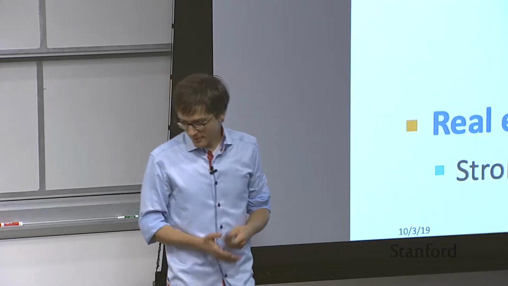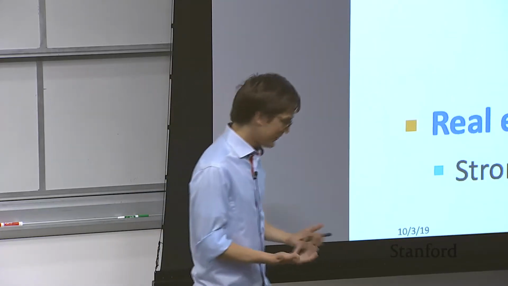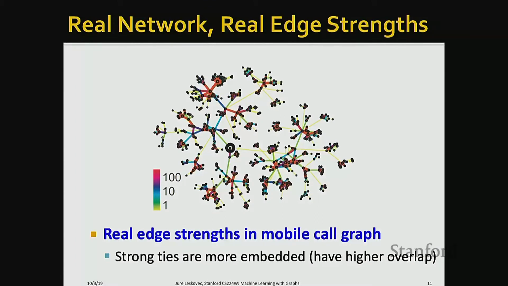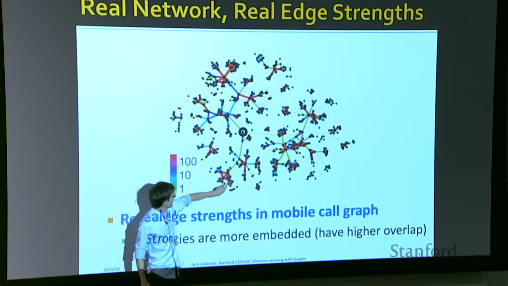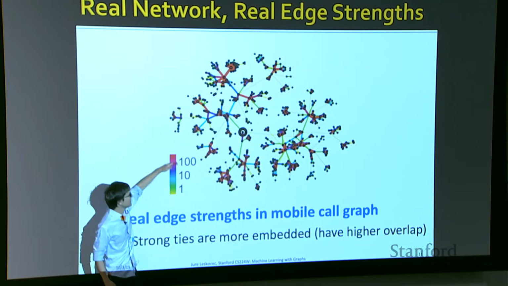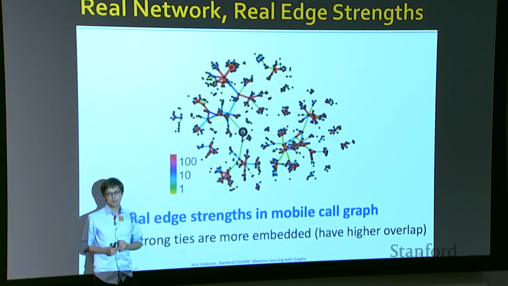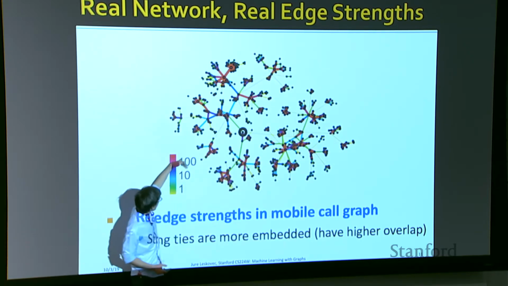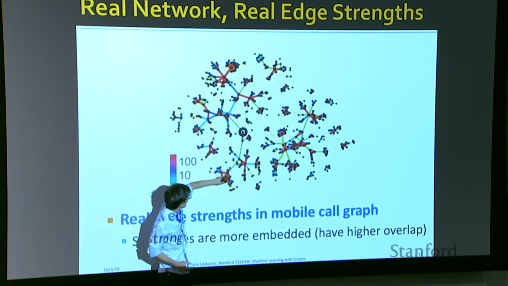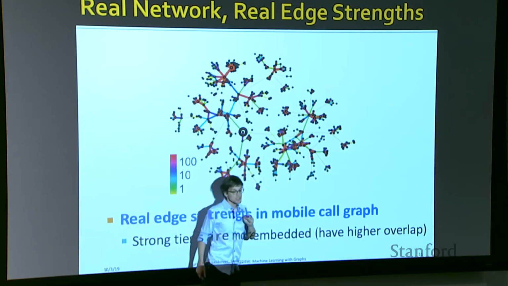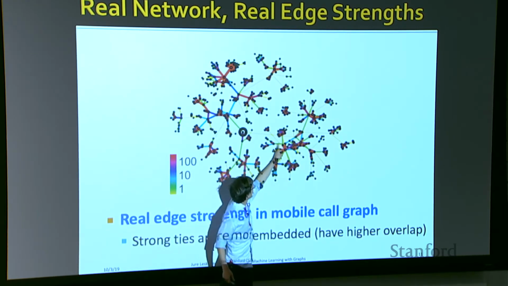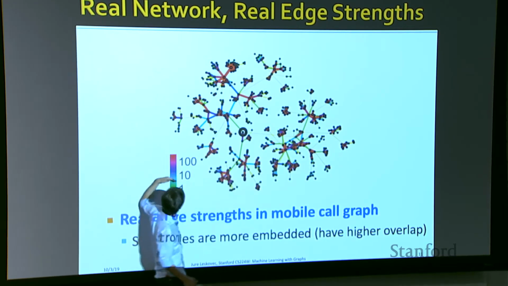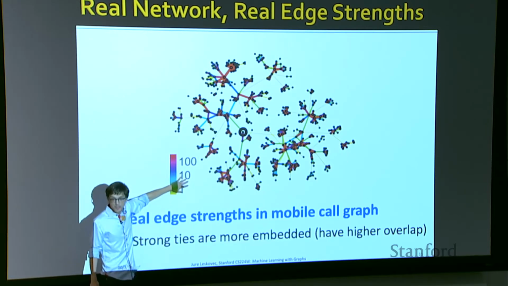To give you another, perhaps more striking visualization of this, this is one small part of these social networks of phone calls, where the color indicates how many phone calls are there between a pair of people. And you see that red, which means very high number of phone calls, is kind of clustered in these little regions, right? And you notice that these other edges are kind of green and yellow, so they are much weaker.